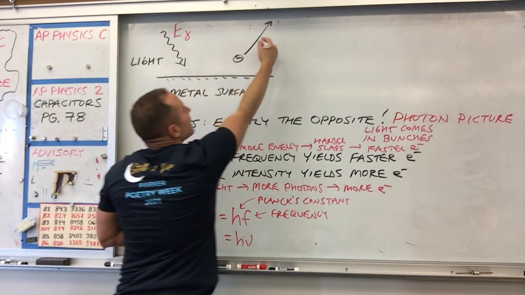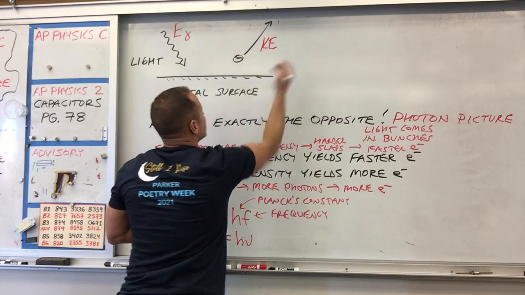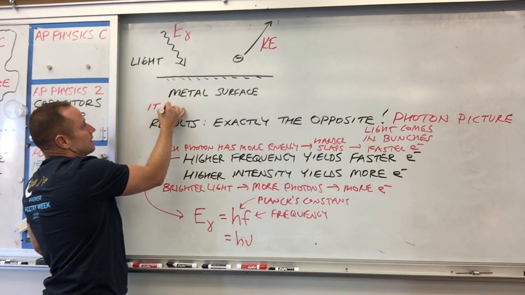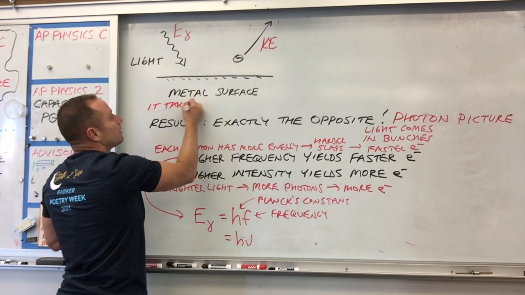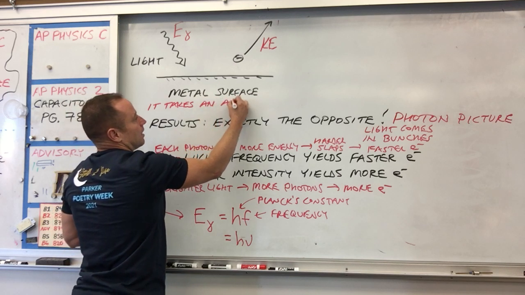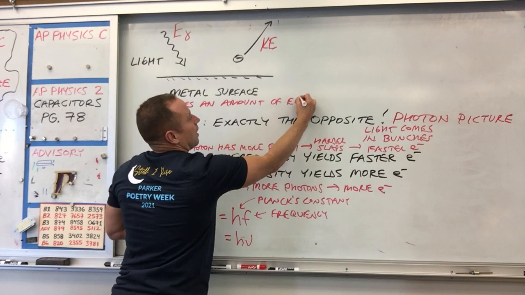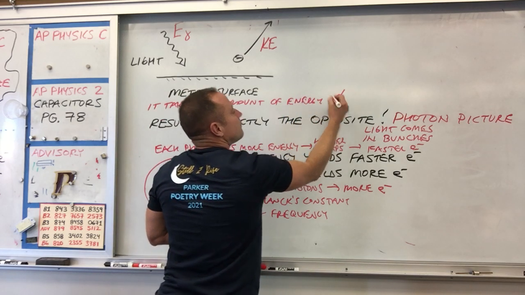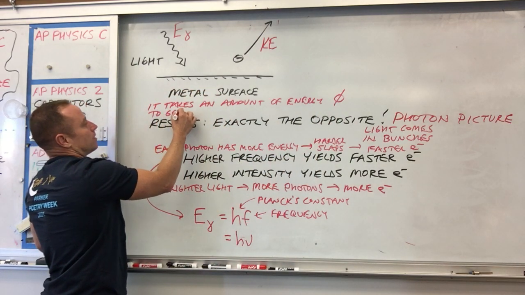The electron comes off with some kinetic energy, KE of the electron. It takes a certain amount of energy just to get the electrons out of the metal. We'll call that amount of energy phi to get the electron out.